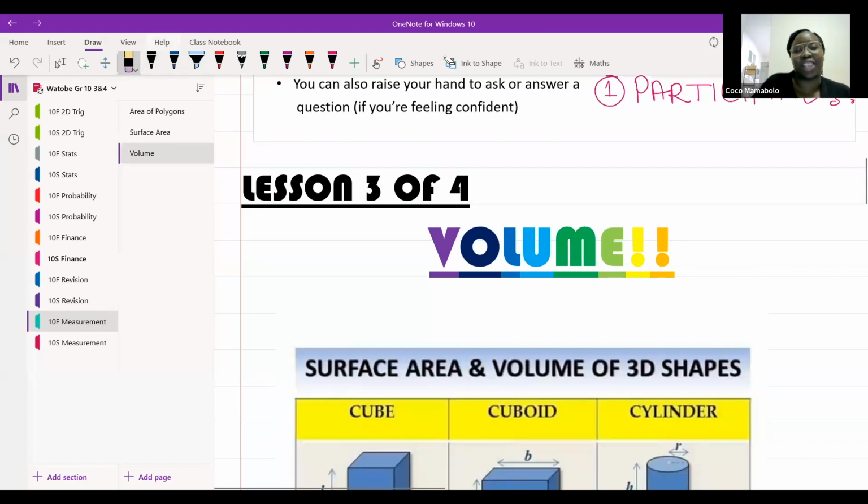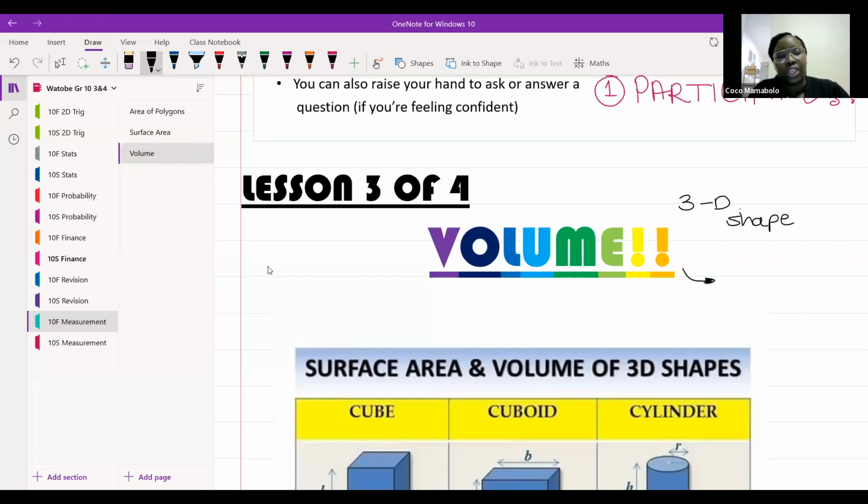The cube is one of them. Correct, that's it, Mawanda and Josh. Not slender shapes. 3D shapes, correct, like a cylinder. Yes, correct. So volume is for 3D shapes. We calculate the amount of space that we have inside of a 3D shape.